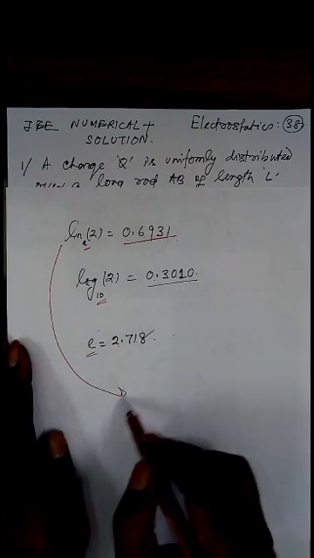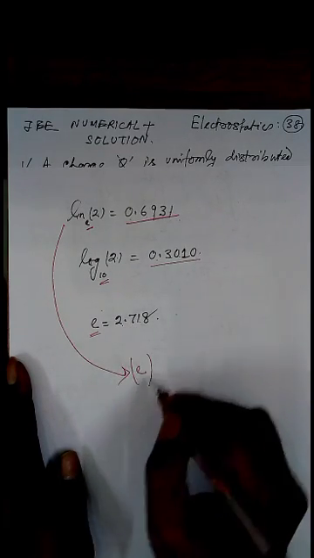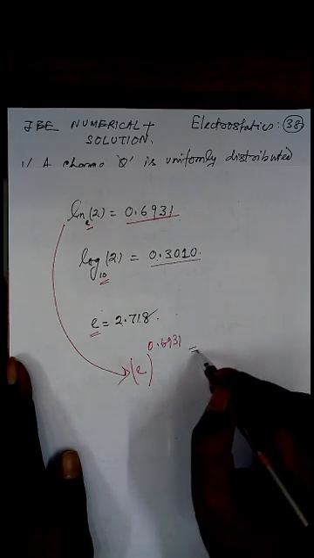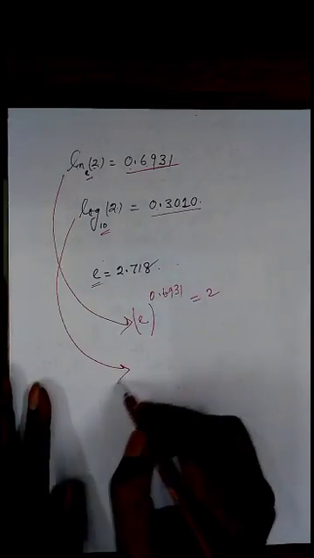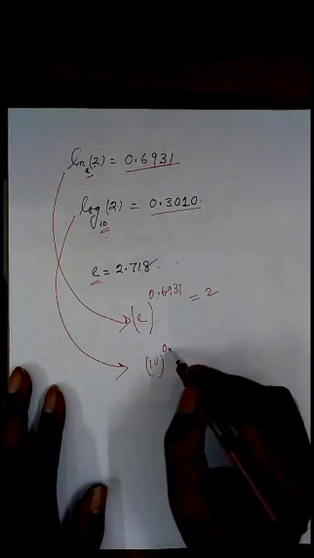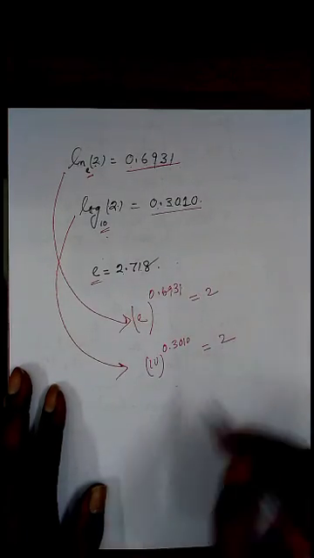Now what is the meaning of this? e, which is this number, raised to the power 0.6931 will give you 2. That is the physical meaning. Now what is the meaning here? 10 to the power 0.3010 will give you 2.